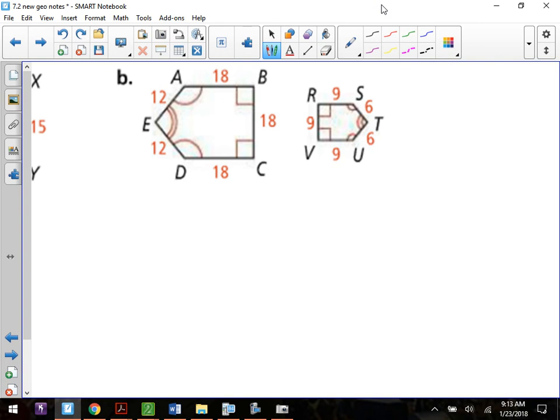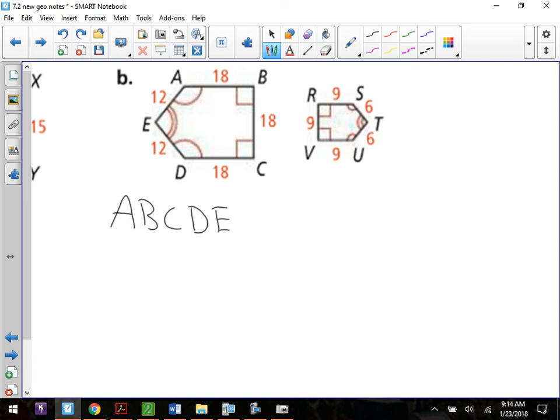Are you guys okay if I go A, the single tick mark, right angle, single tick mark, double tick mark? So if I go A, B, C, D, and E. Now, on the other one, I can write it out 2 different ways.